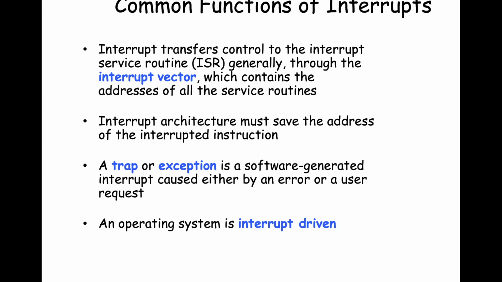And so there are two types of interrupts. One is called a trap and the other is called an exception. These are both software-generated interrupts that can either be caused by an error or a user request. So what does this mean? There's one type of error that occurs when one program in memory tries to overwrite another program, right?